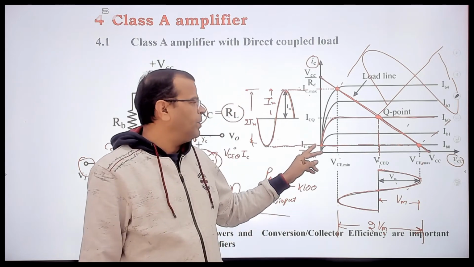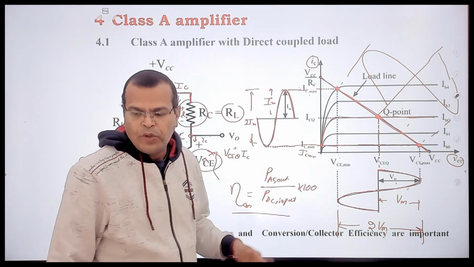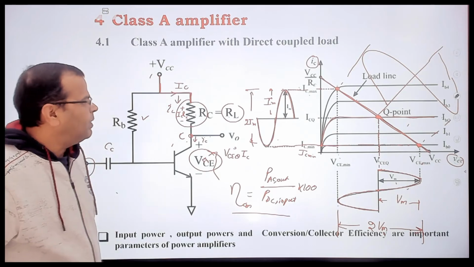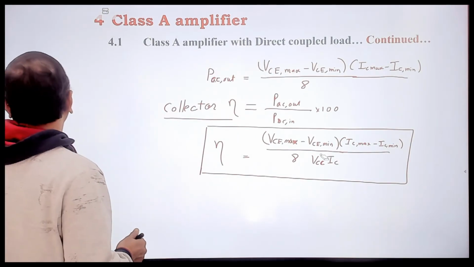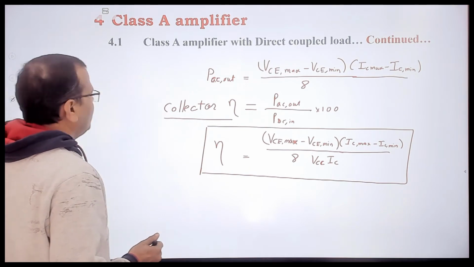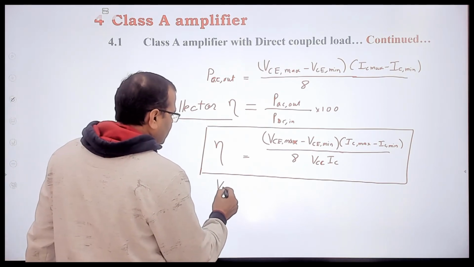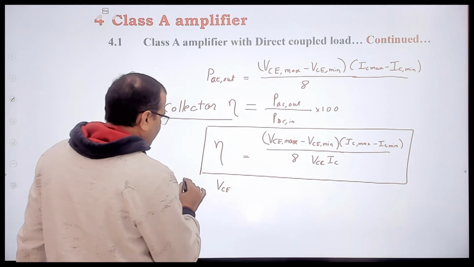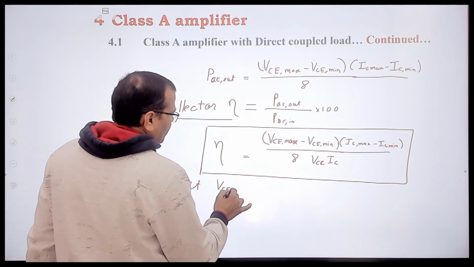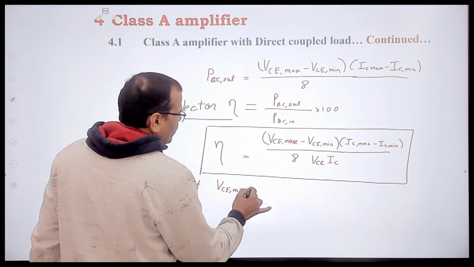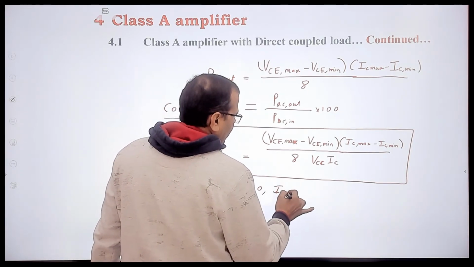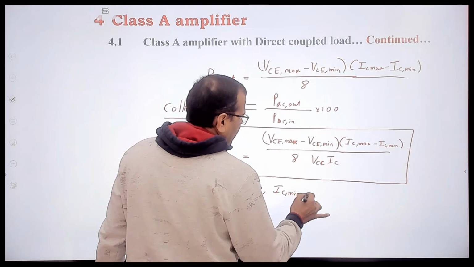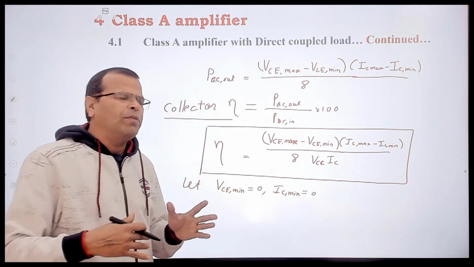What is the possible minimum value of the collector current? That is also 0. That is our assumption.